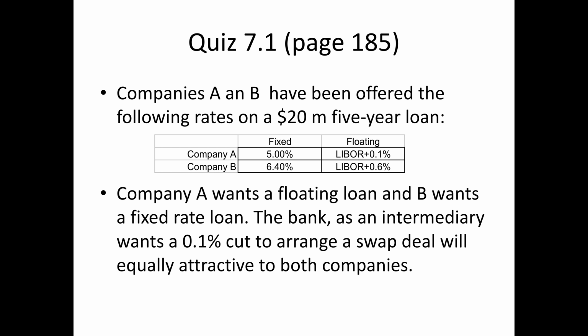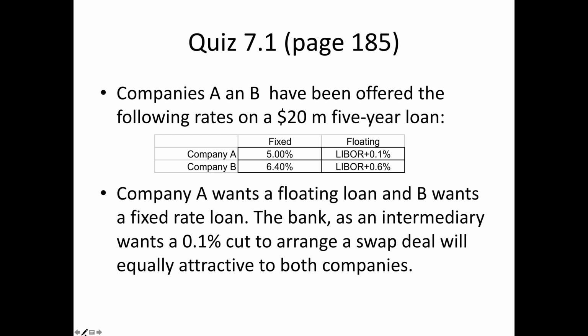Currency swap actually is more complicated. Let's just do the interest rate swap. Quiz 7.1 says that company A and company B have been offered the following rates on a 20 million 5-year loan. So it's a cost. You try to reduce the cost.